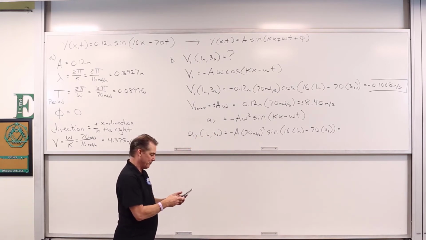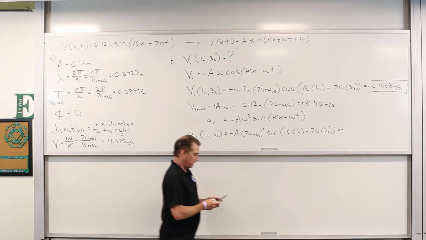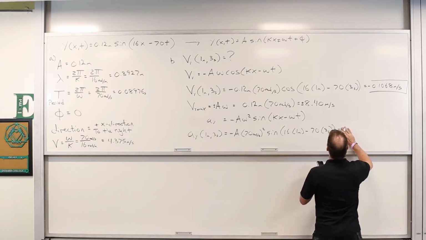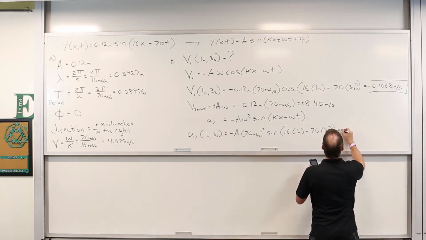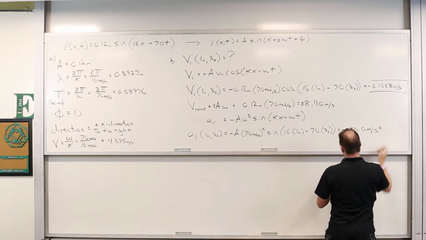I don't know why I put 1.5, it's 0.12, times 70 squared times the sine of 16 minus 210 is negative 413.0 meters per second squared.